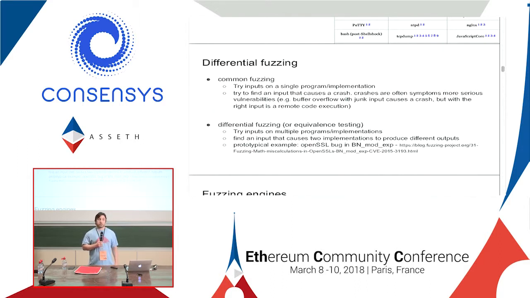With the Ethereum clients, we did find a couple of crashes, but we found even more bugs where the input didn't cause a crash. So if we were just doing common fuzzing, then we wouldn't have found these consensus bugs.